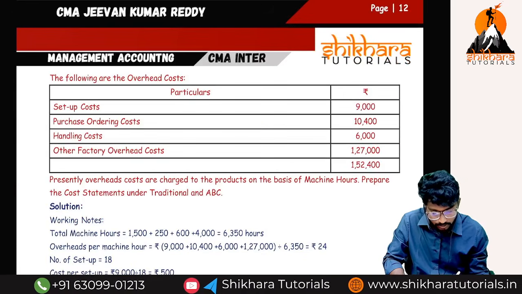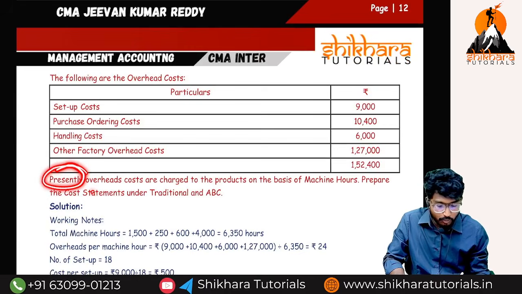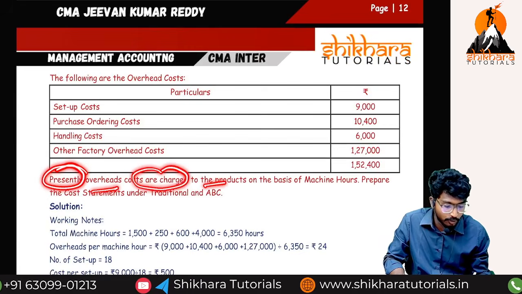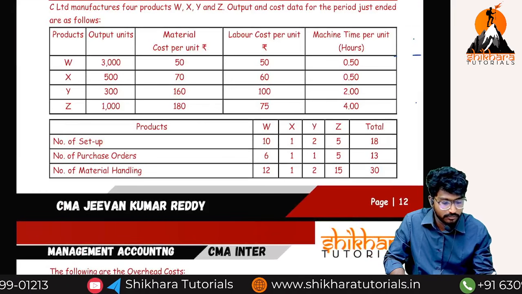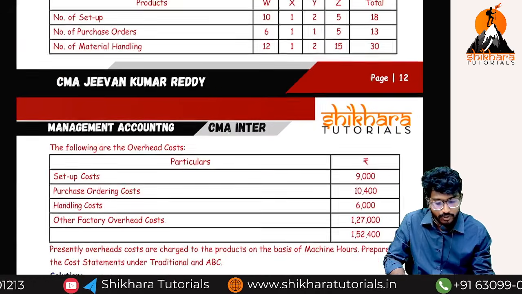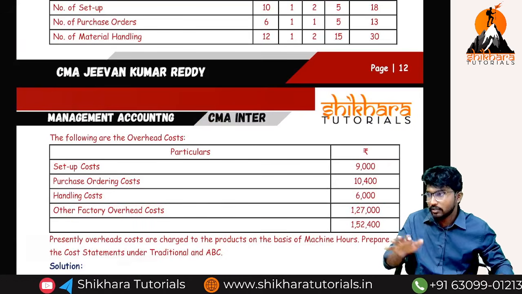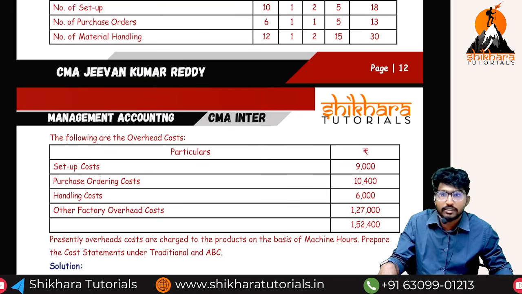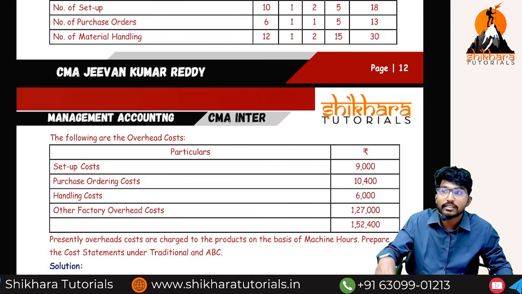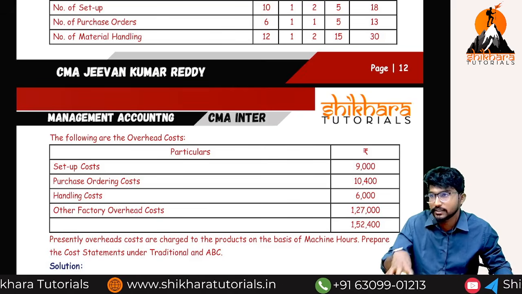Here they have given that presently overhead costs are charged to the products on the basis of machine hours, so there is no need of labor hours. Which system are they currently using? Traditional costing system. On what basis are they charging overhead? Machine hour basis.